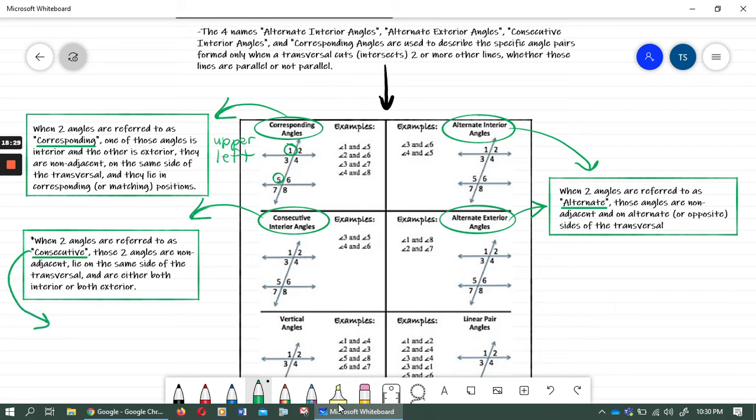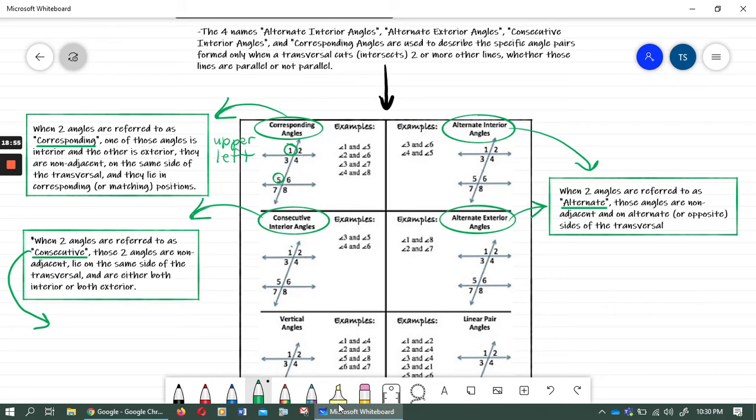But when two angles are referred to as consecutive, those two angles have to be non-adjacent. They have to lie on the same side of the transversal, and they're both going to be either interior or both going to be exterior. So let me show you.